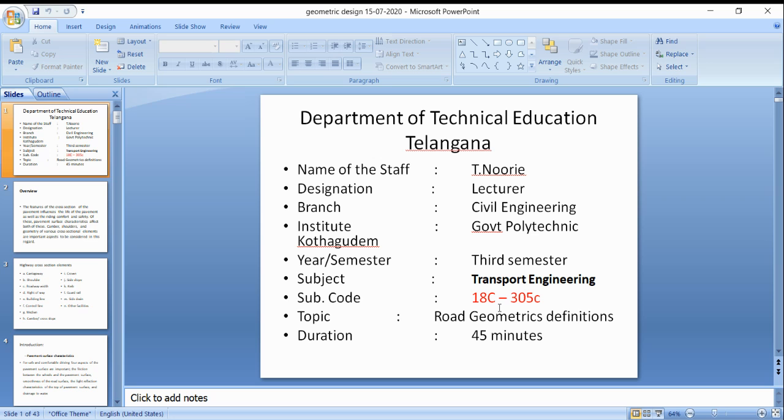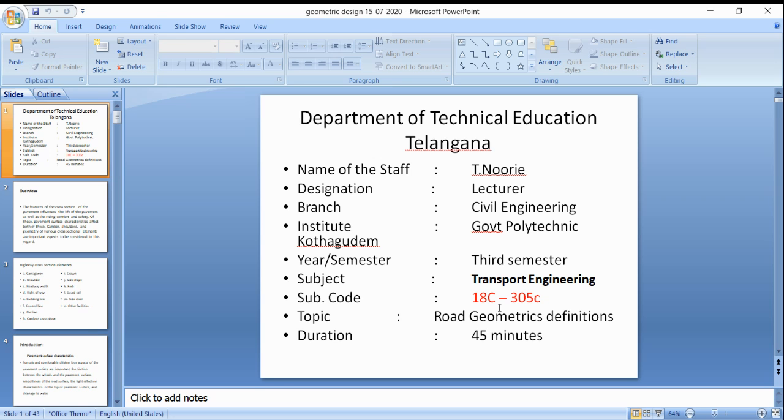It acts as a mediator between the subbase and the wearing course, and it should be strong to support the wearing course and avoid distortions on it. If the base course is strong, it will reduce the thickness of the wearing course.